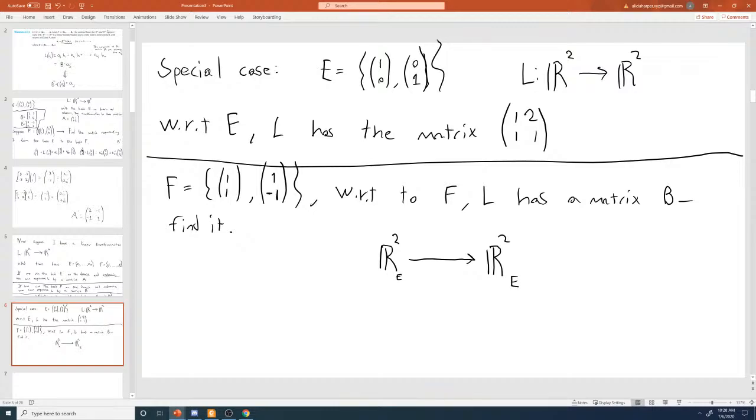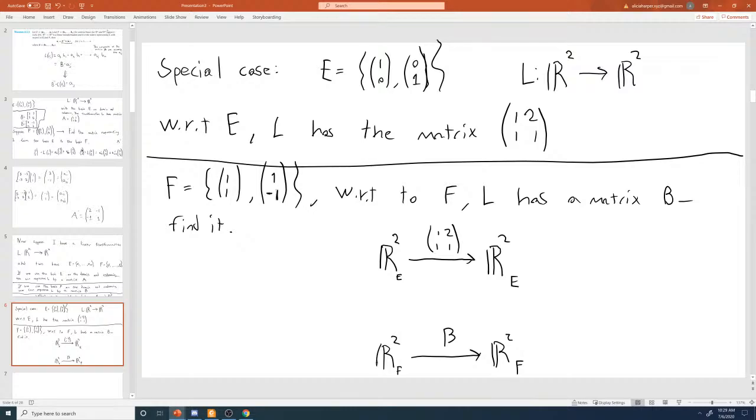With respect to the standard basis, L is represented by the matrix 1, 1, 2, 1. Now, I also want to think of what L looks like with respect to the basis F. So I'm going to draw another copy of this diagram, except the subscript here is going to be F, and my unknown matrix B is going to be here.